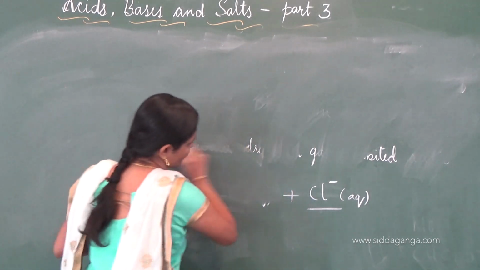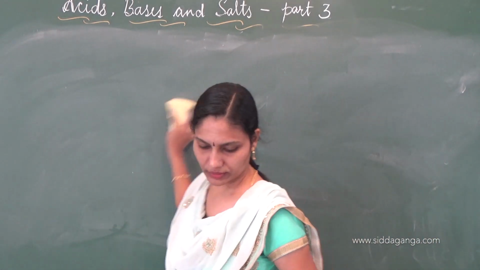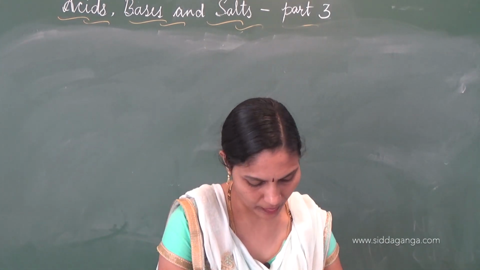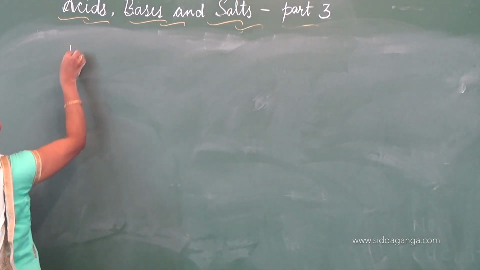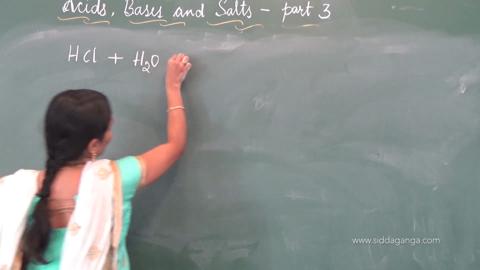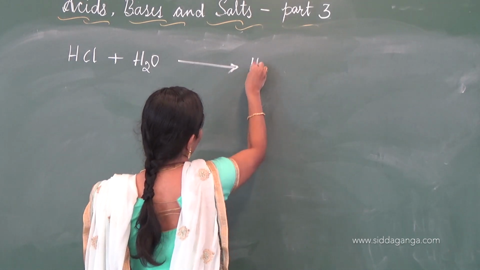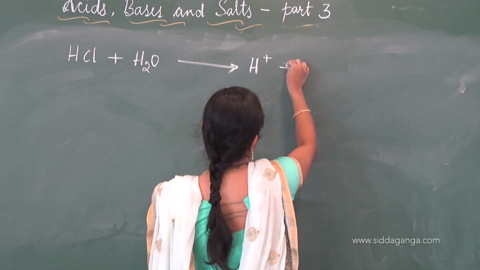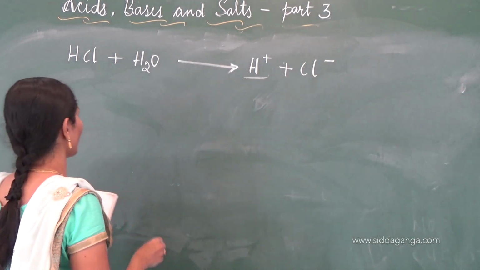I once told you that H+ ions do not exist in water alone. The formation of hydronium ion was explained to you, and we will discuss it again. HCl + H2O gives H+ and Cl-, but these H+ ions don't exist all alone.